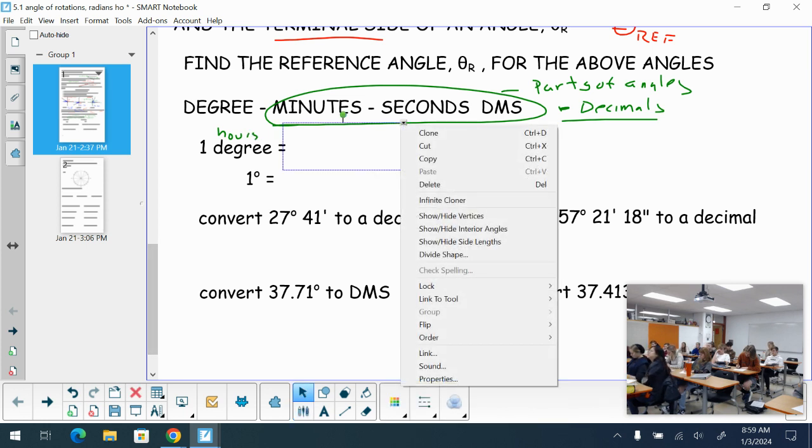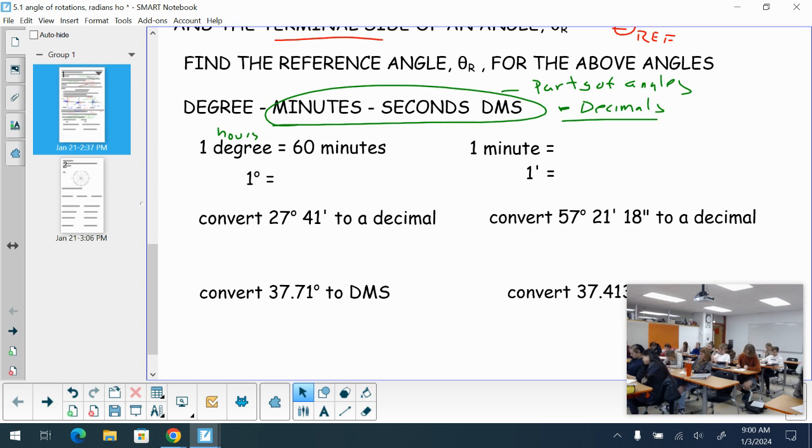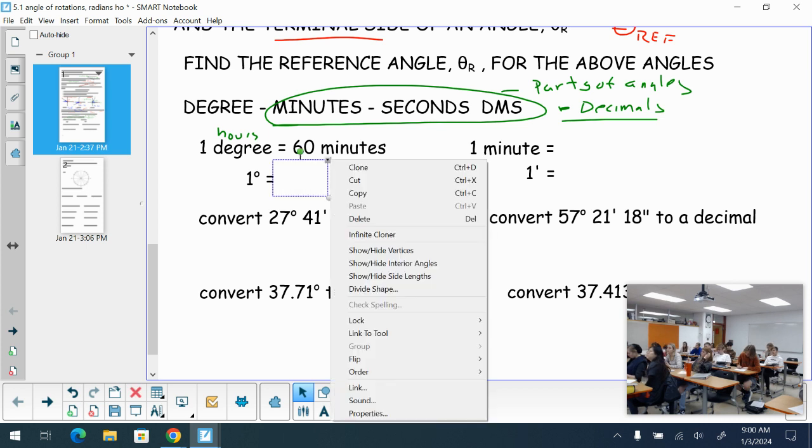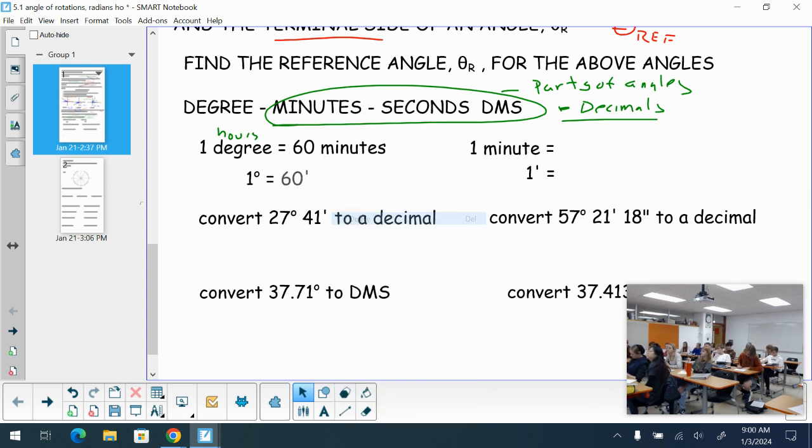If I talk about 1 degree, this is equal to 60 minutes. We symbolize the minutes with a single hash.